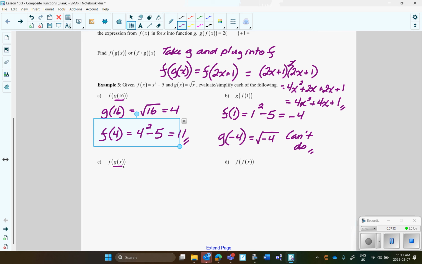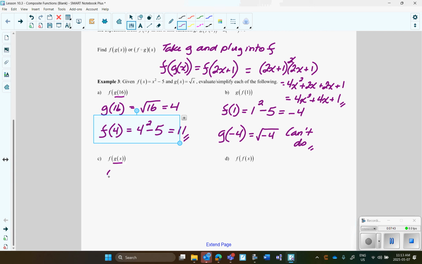For this one, all you're asked to do is take function g of x, which is this one, and plug it into function f. So g of x is just the same as square root x. So I'm asked to plug square root x in here.